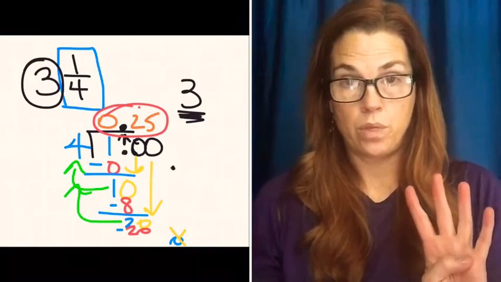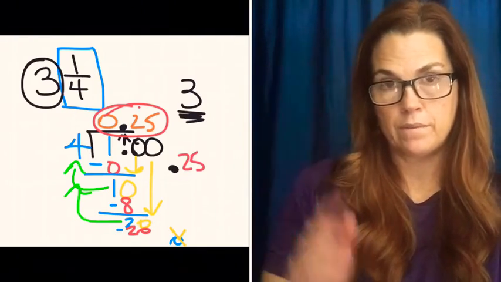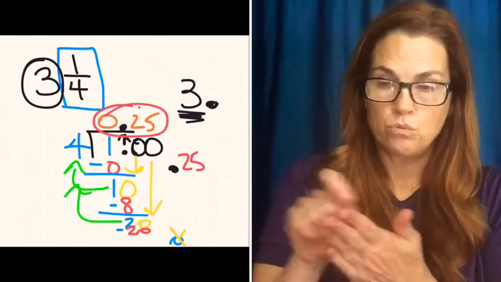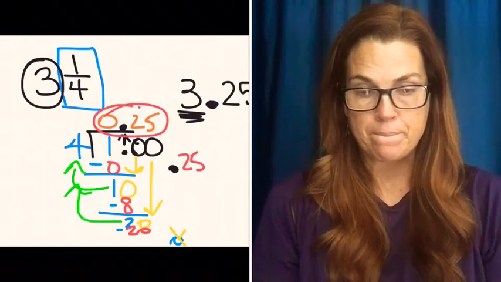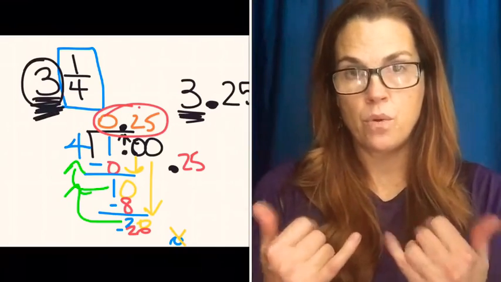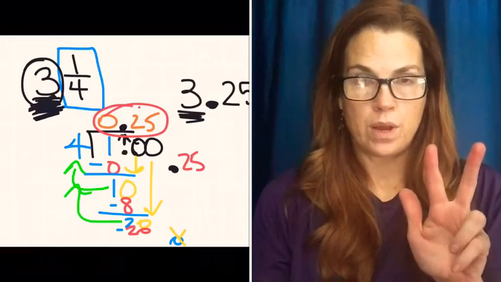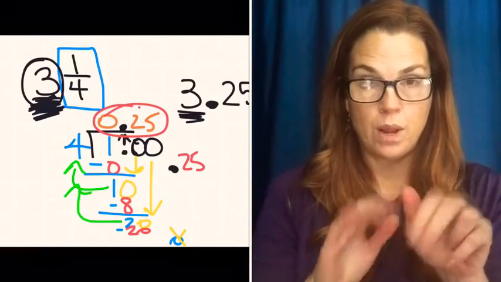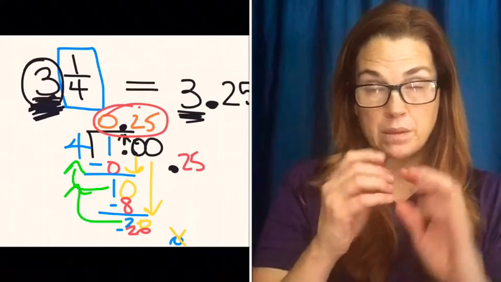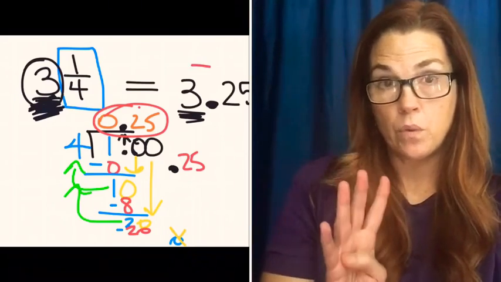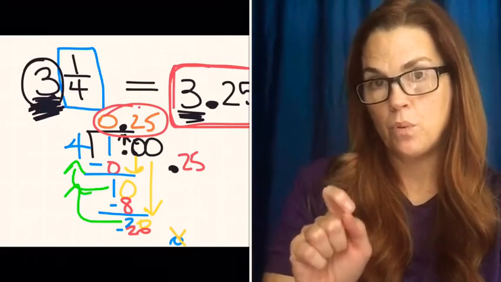I now take this decimal and add it to the end of my whole number, remembering that I had the 3 wholes the entire time. So therefore, my mixed number of 3 1/4 is equivalent to my decimal of 3.25, or 3 25/100.